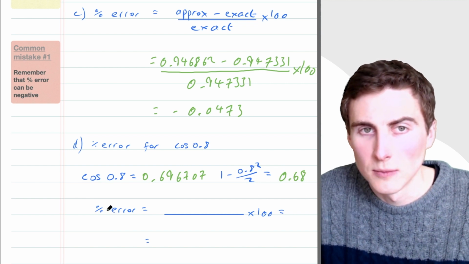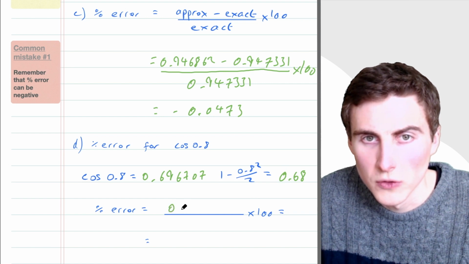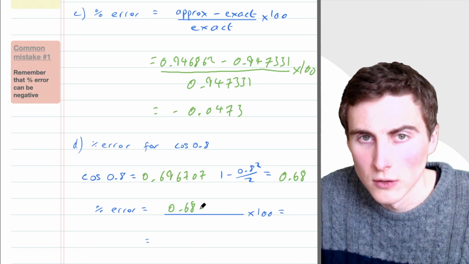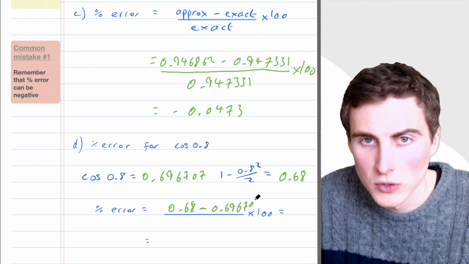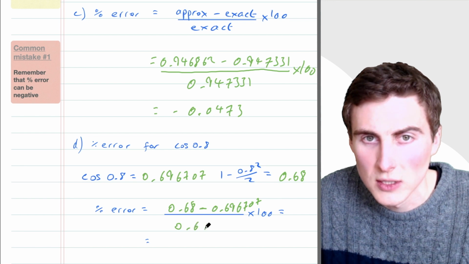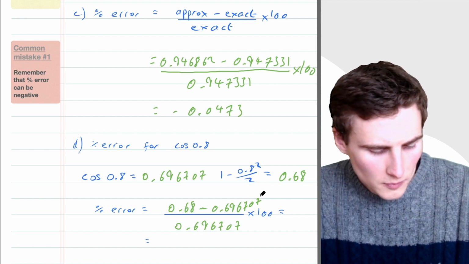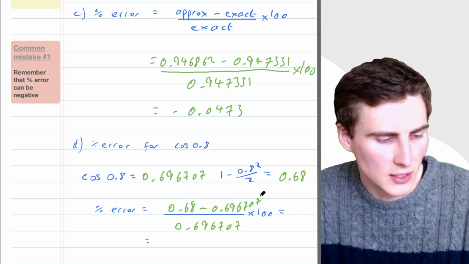So then as the percentage error, we do the approximate value of 0.68 minus the exact value of 0.696707 divided by the exact value of 0.696707. And if you do that in the calculator, it's best if you just use the answer key rather than actually writing out to 6 decimal places.